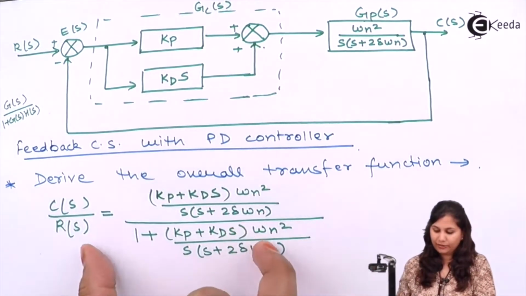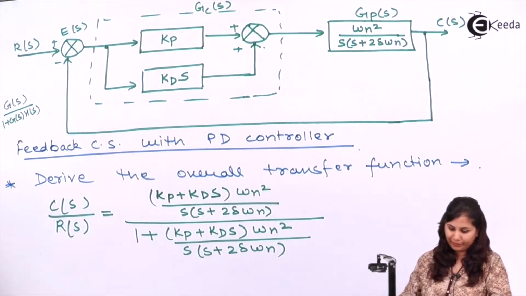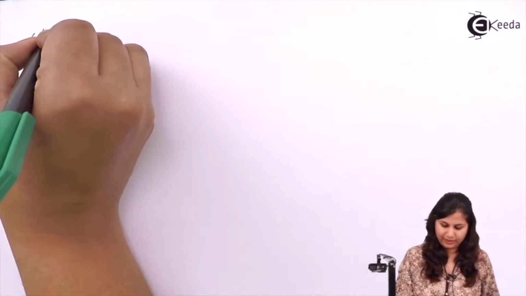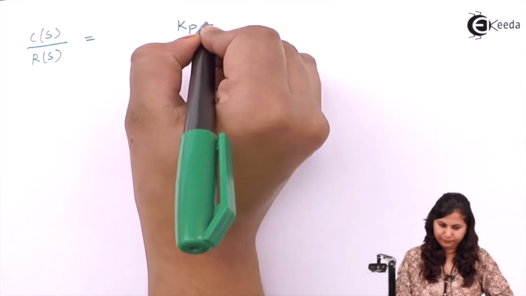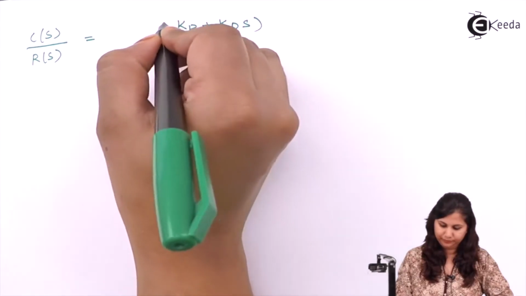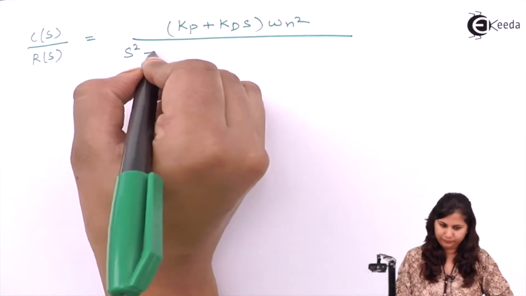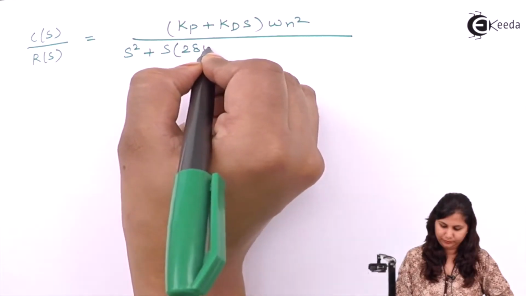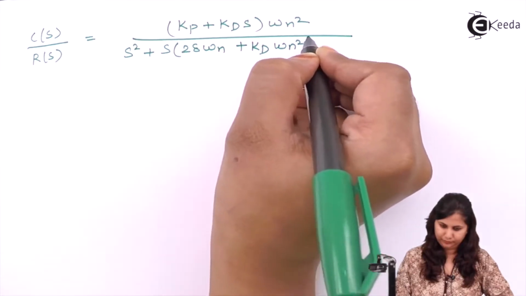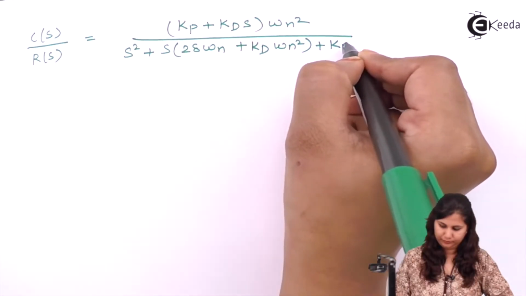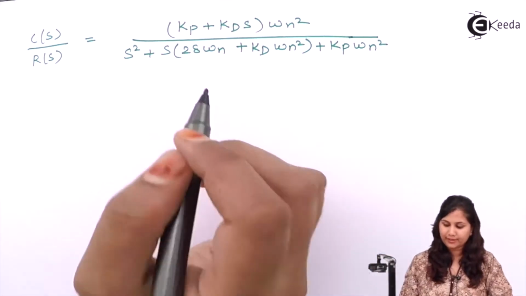So this is the overall transfer function of this system. Let us simplify this. We will have C(s) upon R(s) equals the following.